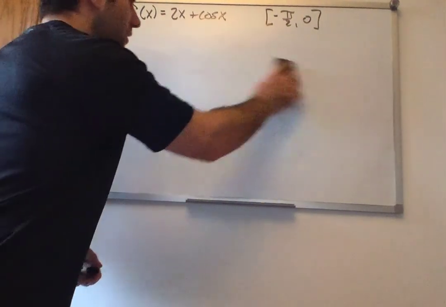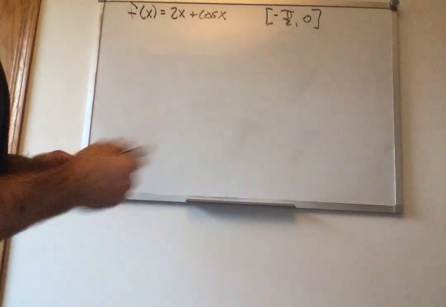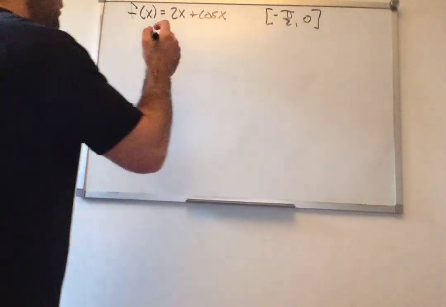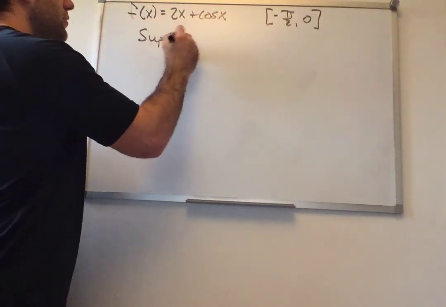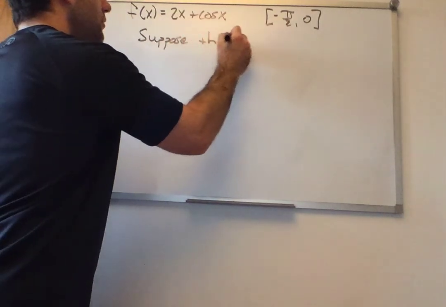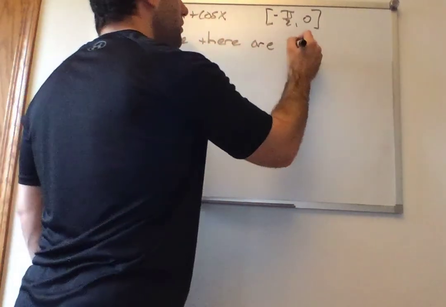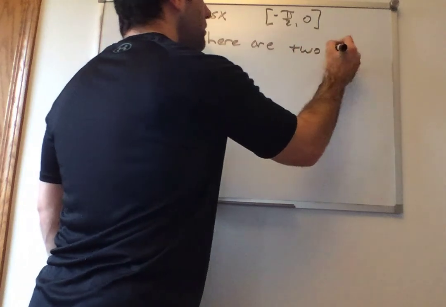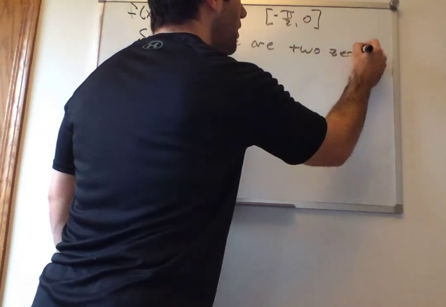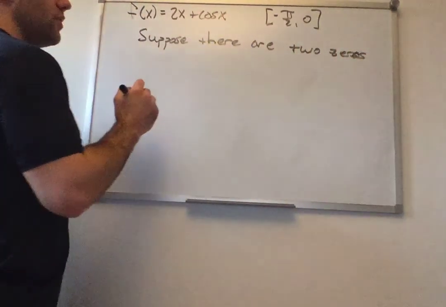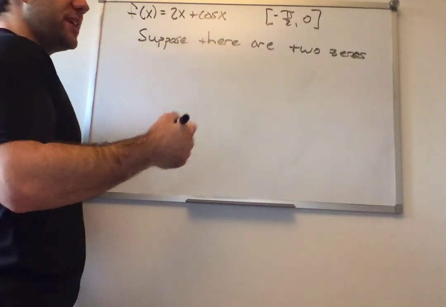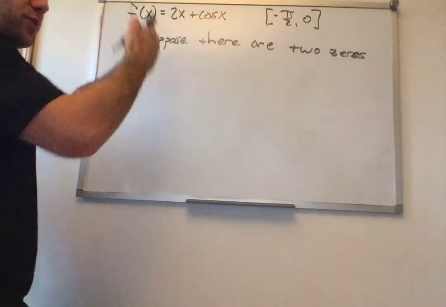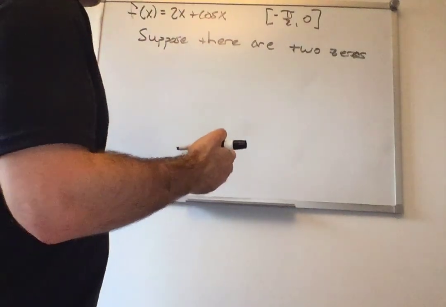So now, let's suppose there are 2 zeros, okay? So we only have to do 2. We could do more than 2, but the proof would be very analogous.